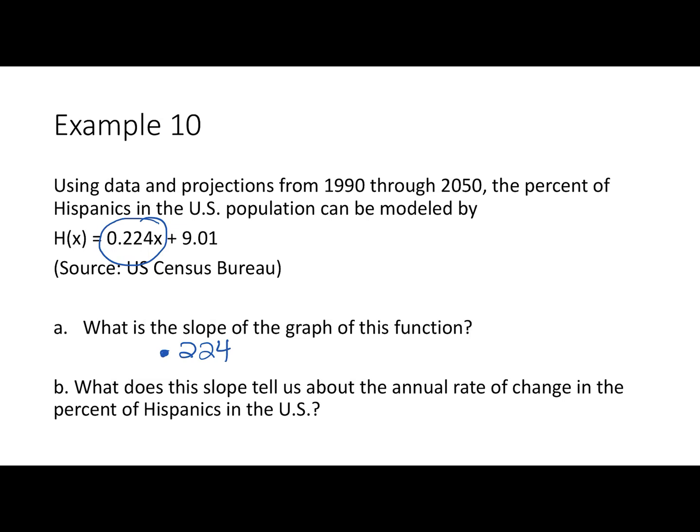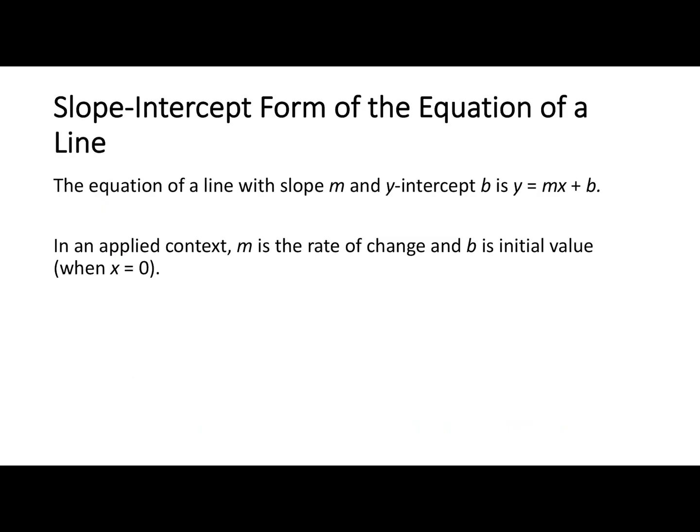What does this slope tell us about the annual rate of change in the percent of Hispanics in the U.S.? That slope, since it's positive, it says the percent of Hispanics in the U.S. is increasing by 0.224 per year.